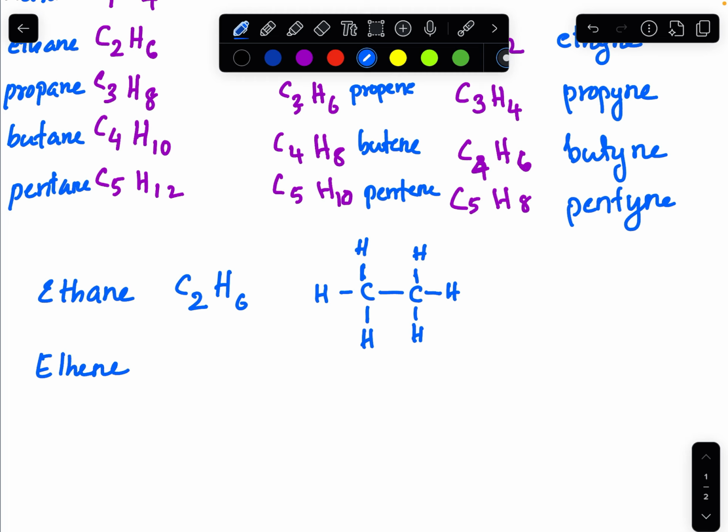Next I'm going to write the structure for ethene, which is C2H4. Again, there are 2 carbons.